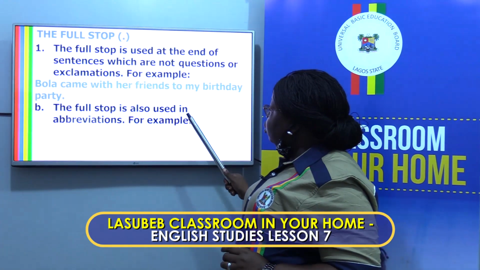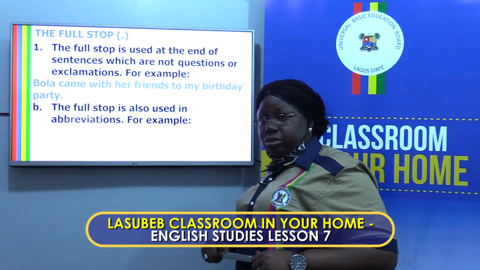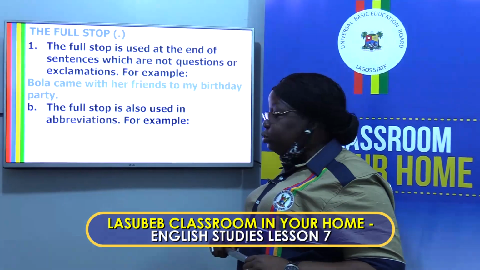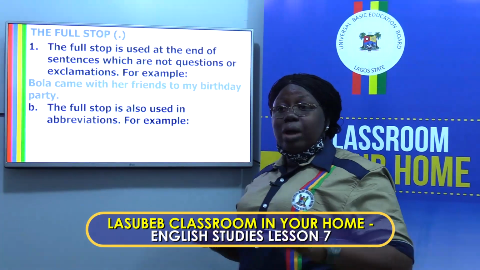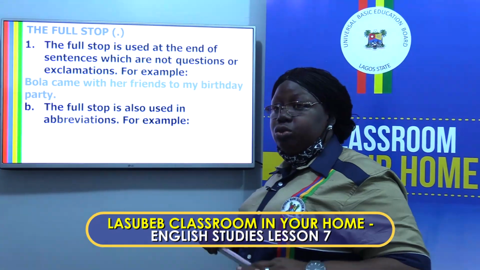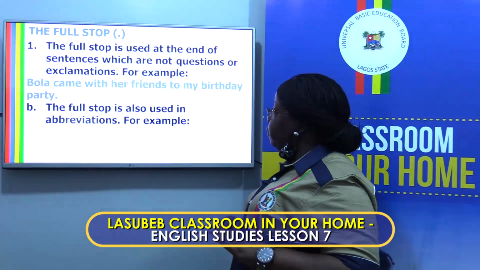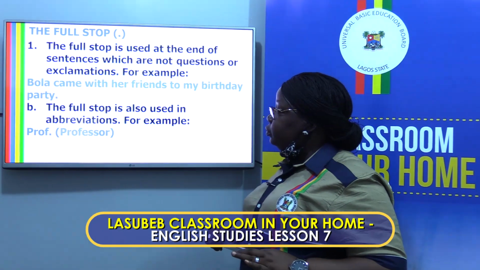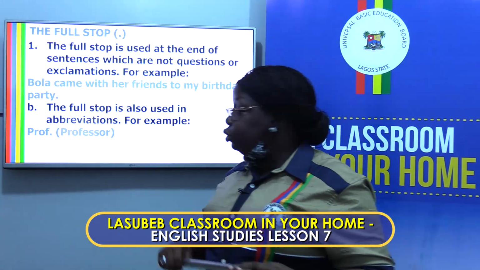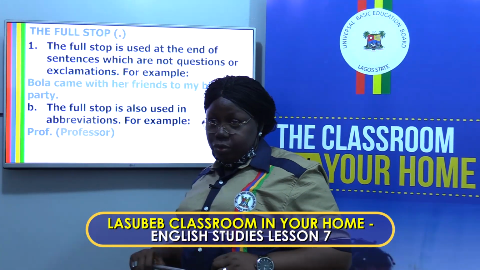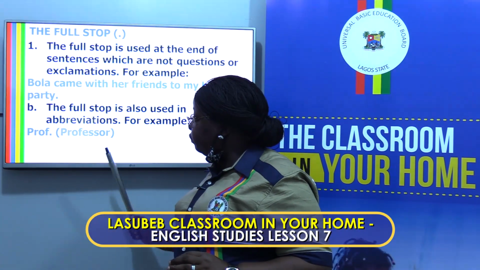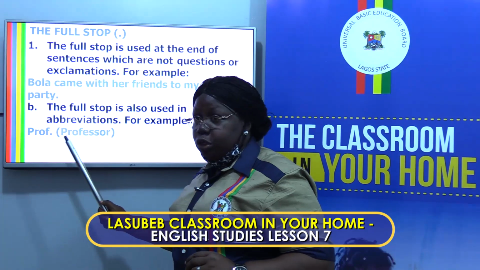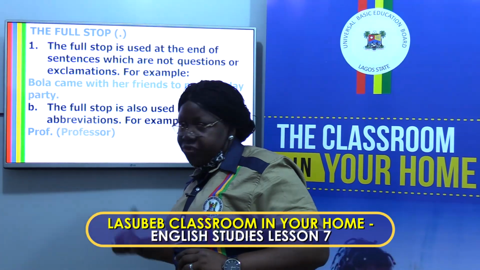The full stop is also used in abbreviations. When you want to abbreviate some words, you use full stops too. For example, prof. You don't want to write professor in full, so you write prof. Because it is not written in full, you put the full stop to show that it is an abbreviation.